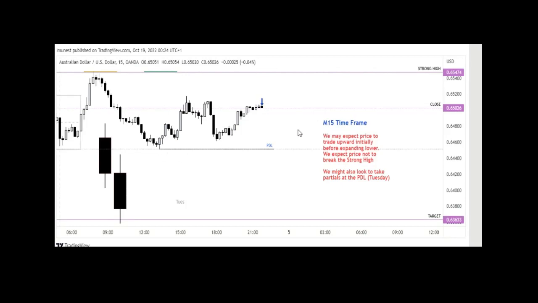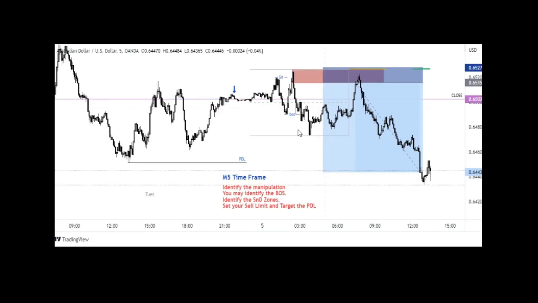So continue. This is where the candle for the previous day closed initially, and this is the previous day low. Now we see the market actually traded above this, and of course we don't expect price to clear the strong high, and this is what price did.